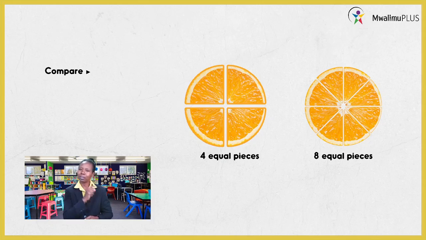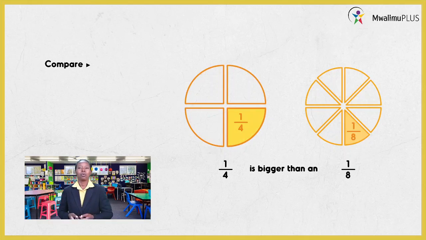And the second orange, we are going to cut it into 8 equal parts. So, one of these pieces will be an eighth of that orange. Can you see the diagram? Yes, and the orange looks yummy, isn't it? Very good. So now, 1 piece out of the 4, we call it a quarter. And 1 piece out of the 8, we call it an eighth.